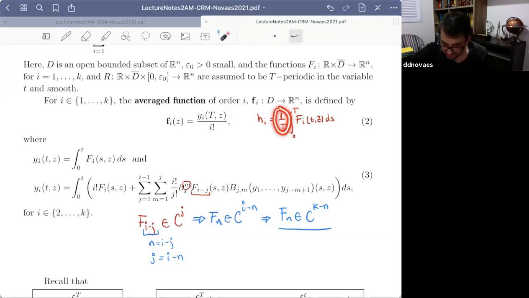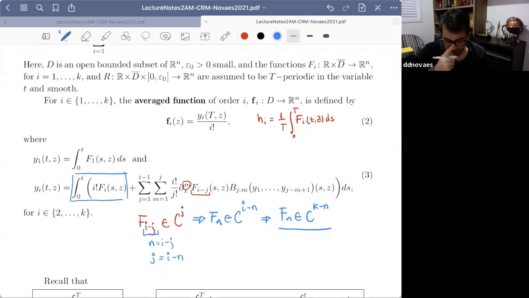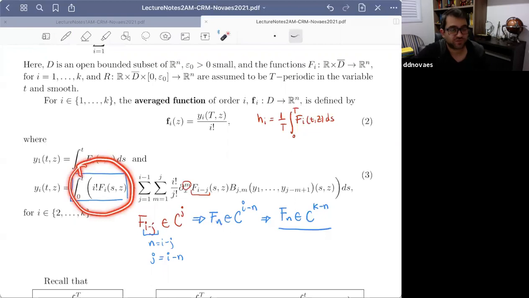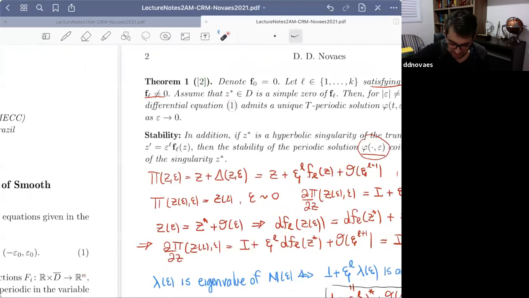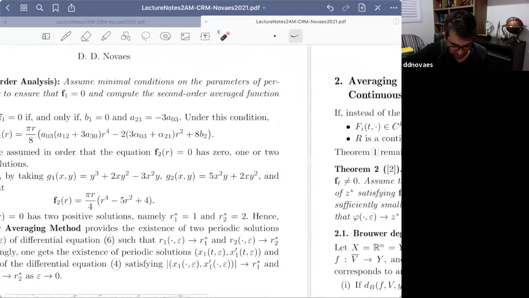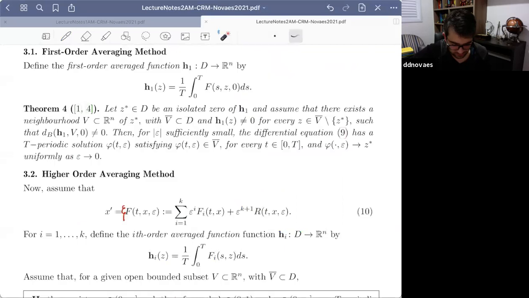Up to this factor, which does not play any role actually, this function h_i is the first part of the formula of the average function. So what I'm going to show is that we can use this part of the average function in order to produce conditions for the existence of periodic solutions. Okay, so this is the theorem that I'm going to state now.